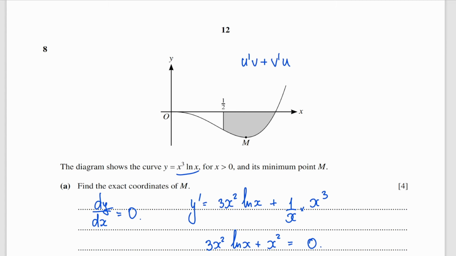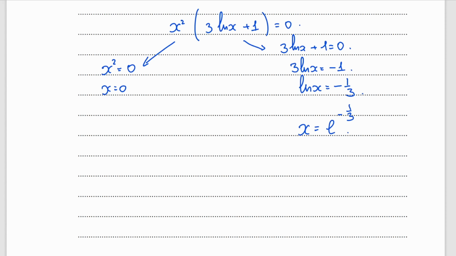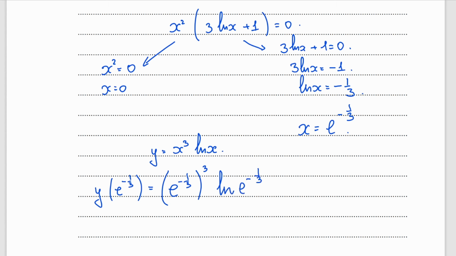But we're looking for the exact coordinates, so that means I'm not going to substitute it into the calculator, but I will substitute it into the value of y, which is x cubed log x. And I will get e to the power of negative 1 times log of e to the power of negative a third, which is minus 1 over 3.